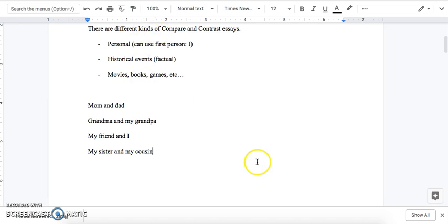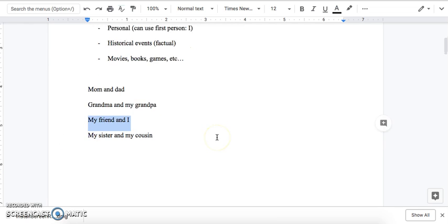Okay, so that's how we'd start. We'd start by saying, okay, who are 2 people or 2 experiences that I had that I could compare and contrast? So I'm going to choose my friend and I.